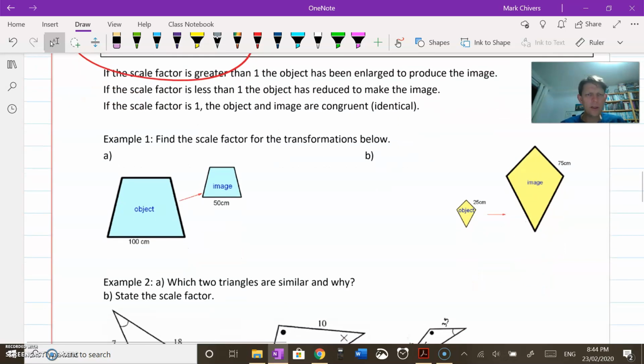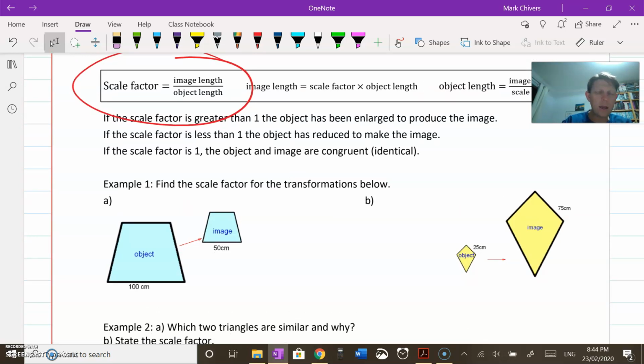So having a look at this, we want to find the scale factor for the transformations below. Using that basic form of the equation, our scale factor equals our image over our object, which in this case is going to be 50 over 100.